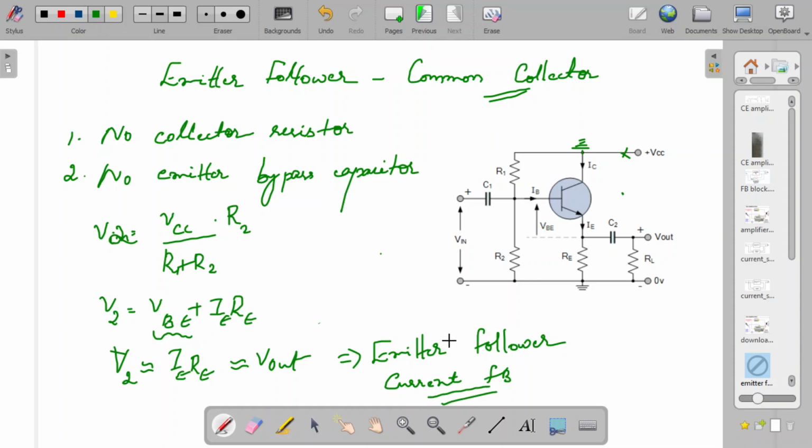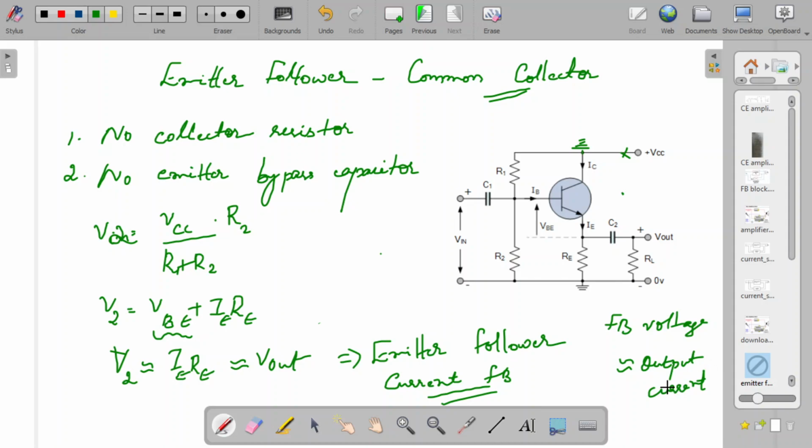It is again a negative feedback amplifier, but current feedback means the feedback voltage to the input side is proportional to the emitter current. That is, the feedback voltage is proportional to the output current, that is IE. So we actually feed back a voltage, but that feedback voltage is proportional to the output current, and that is why we call it a current feedback amplifier.